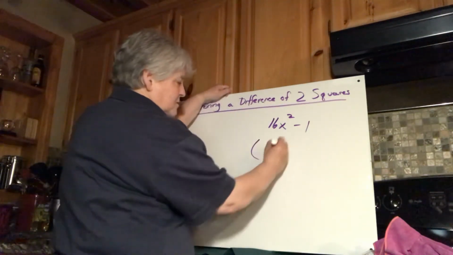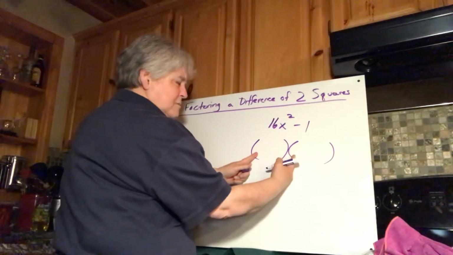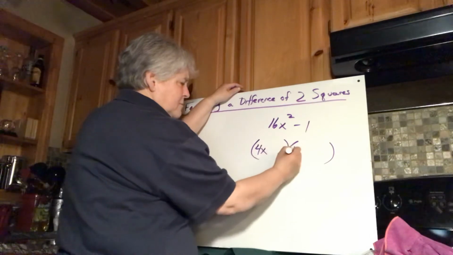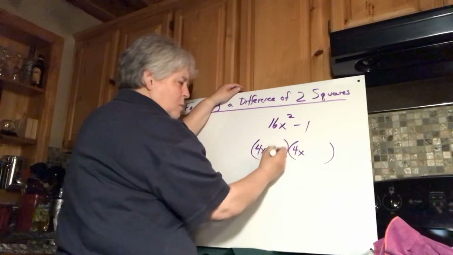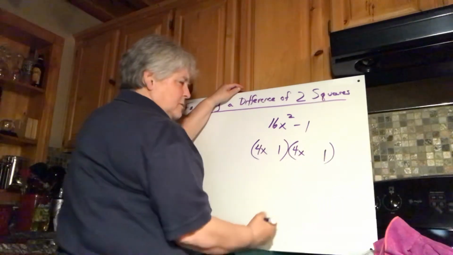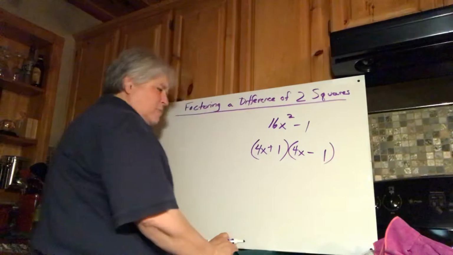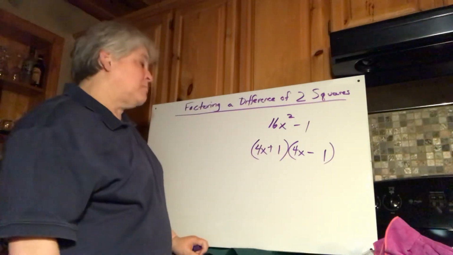So we set up our two sets of parentheses, and we said this was what times itself? 4x and 4x. And then what times itself gives you 1? Well, 1 times 1 does. And then put one of each sign. Again, it doesn't matter whether you write the minus sign first or the plus sign first. Just make sure you have both.